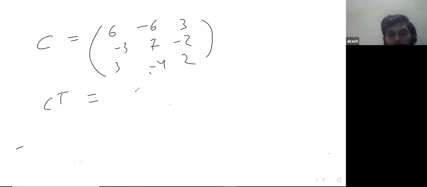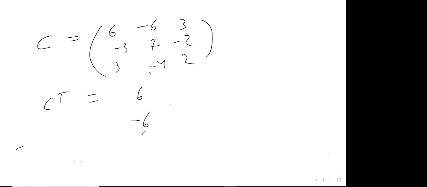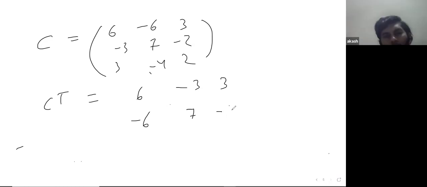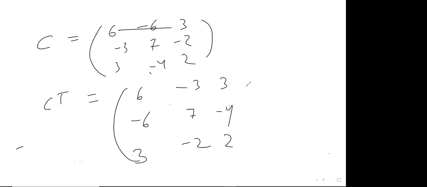So the answer is 6 minus 3 and 3, and then minus 6 and then 7, and then minus 3. Again here minus 3, I think. See, just write this here and this here, this here. So here minus 4 is there, right? Yes, so minus 4, 3 minus 2.